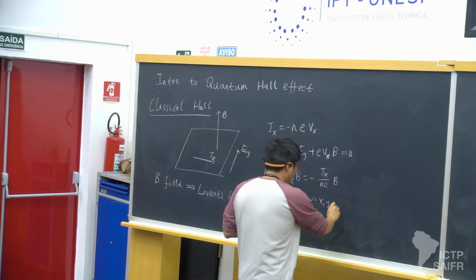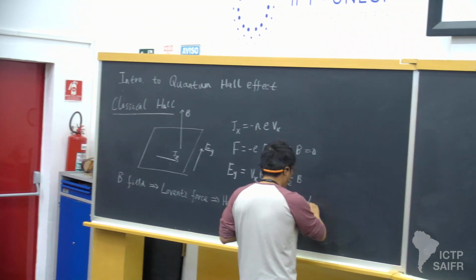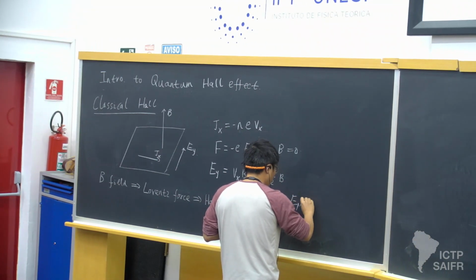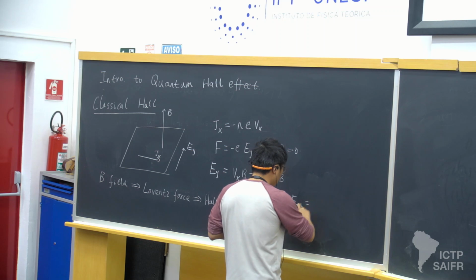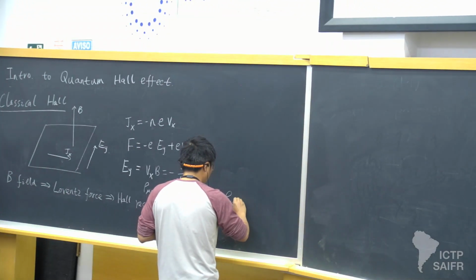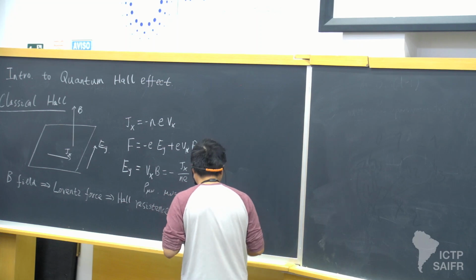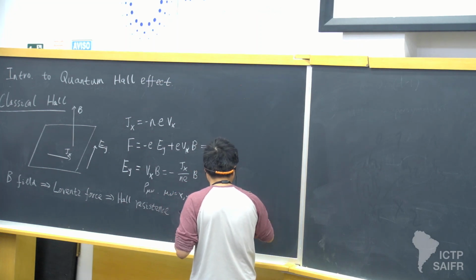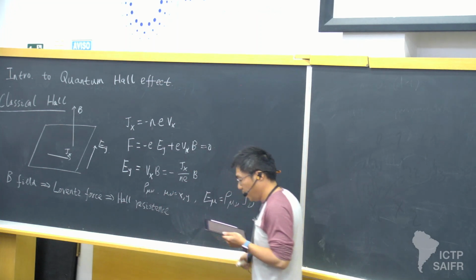Then we have Ohm's law: my electric field equals my resistivity tensor times the current density, right?